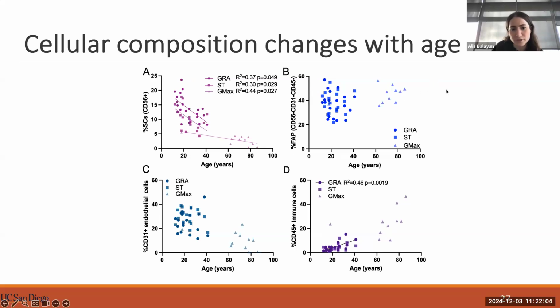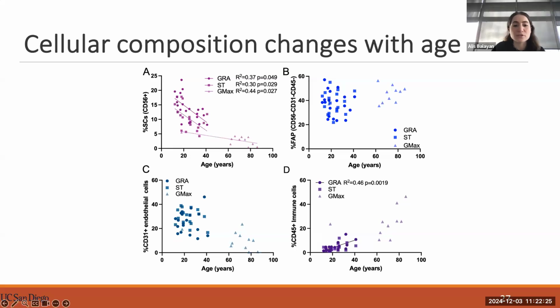However, the trends were not significant. For endothelial cells, we were seeing trends of a decreasing endothelial cell population in the muscle, potentially indicating less vascularization of the muscle as we age. But again, the trends were not significant.